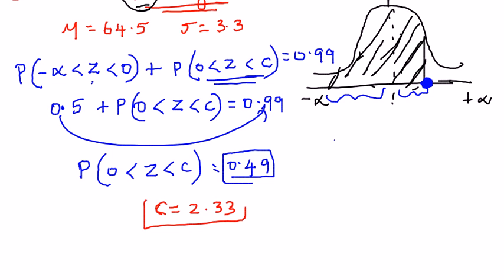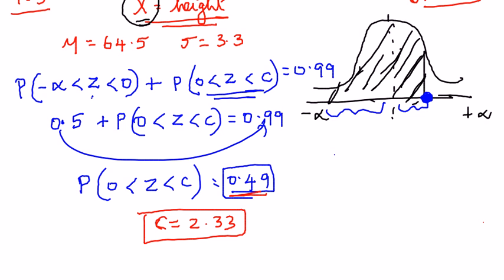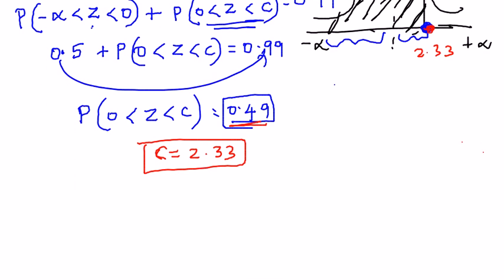But at home you can definitely go and look into the area table to find out for what value of z you're getting this value 0.49. So this point here is nothing but 2.33, right?